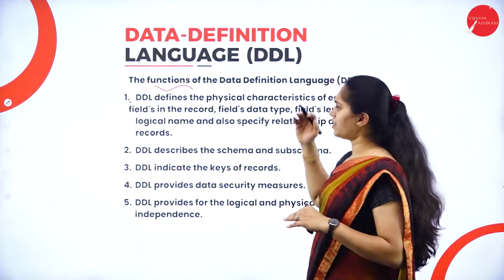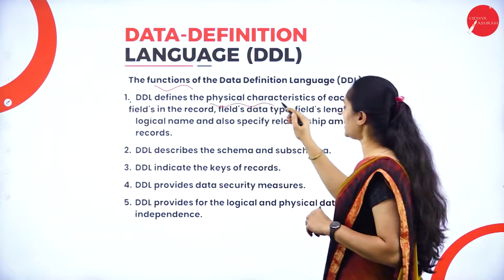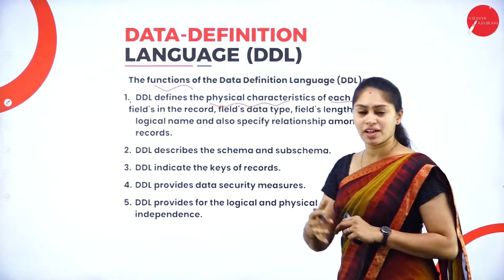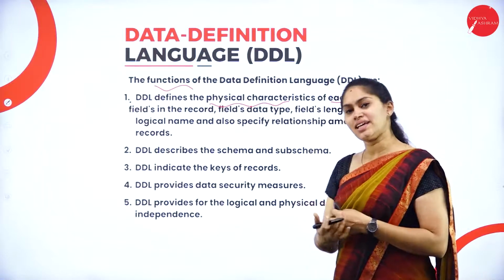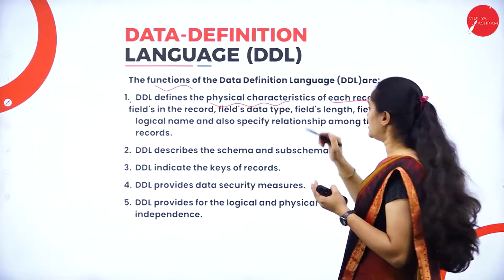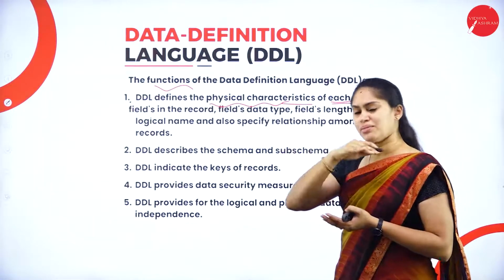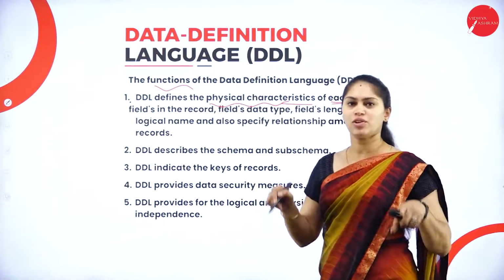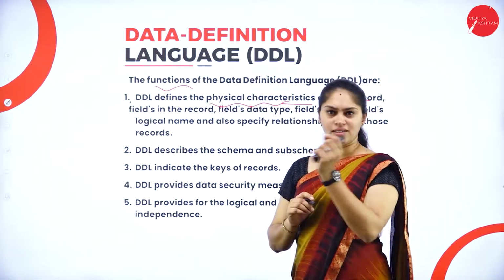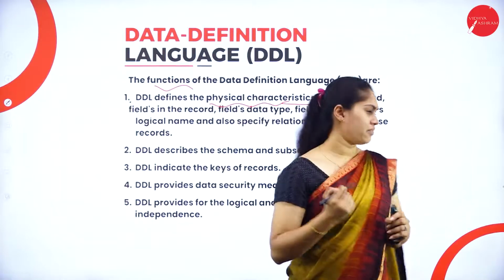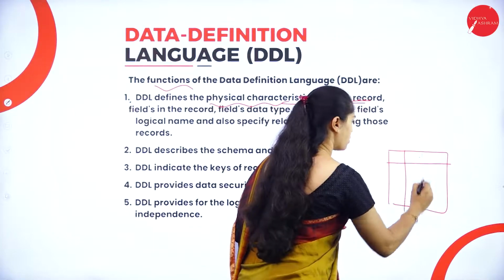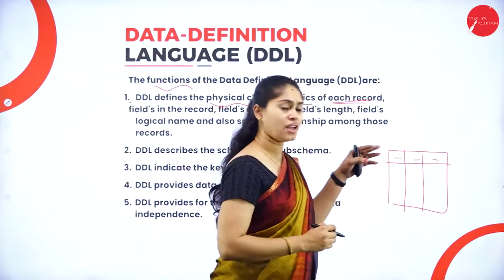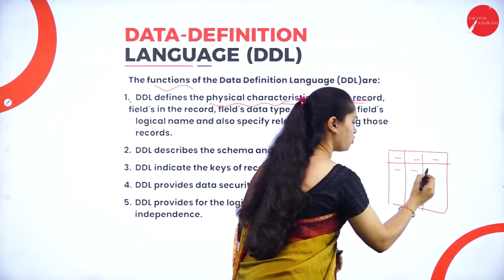So in this first step, DDL defines the physical characteristics of each record because it has a link to that physical level. So then it is able to understand what is the characteristics of each record. That means tuples, whatever content I am going to fill in the table, that row or value whatever we are giving. For example, just imagine it's a student table and it comprises some attributes. For each attribute we are going to fill the value.